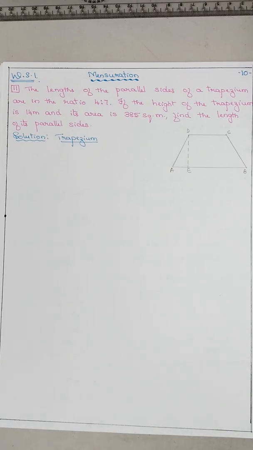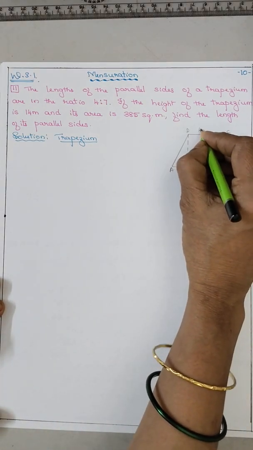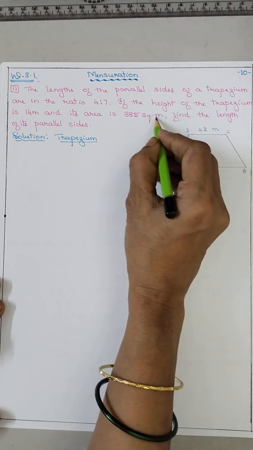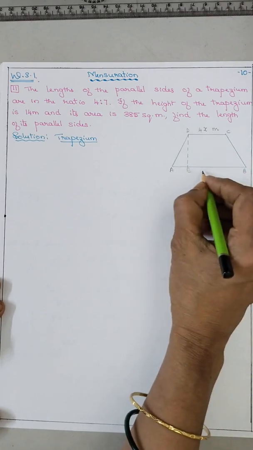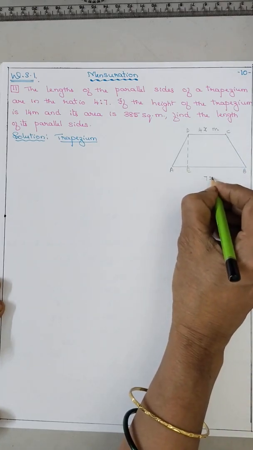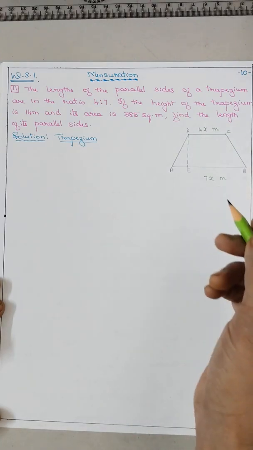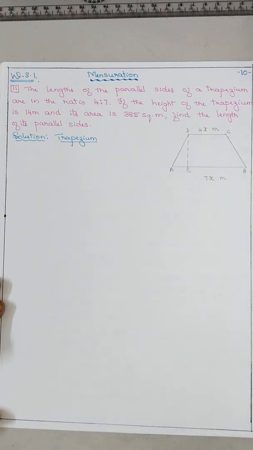When the sides are given in the ratio 4:7, you have to take it as 4x meter, and this as 7x meter. It is in meter. Ratio means you have to just add x with the numbers: 4x and 7x.